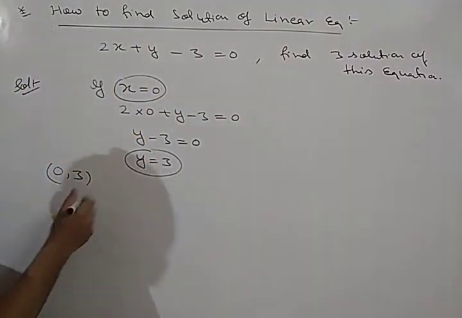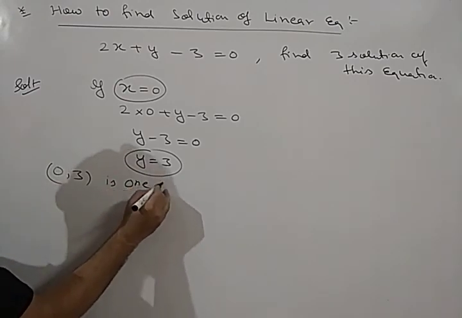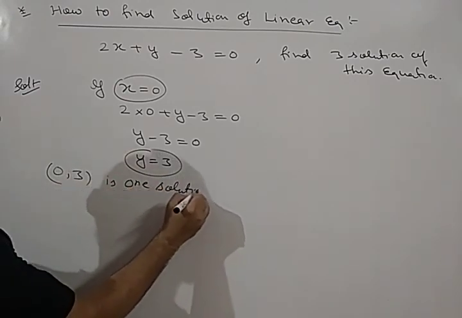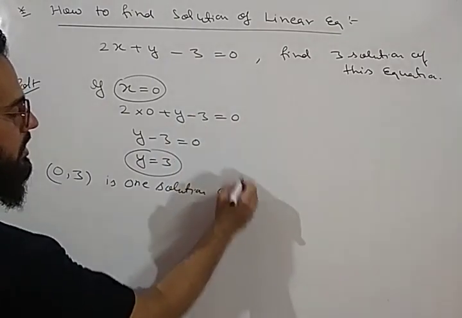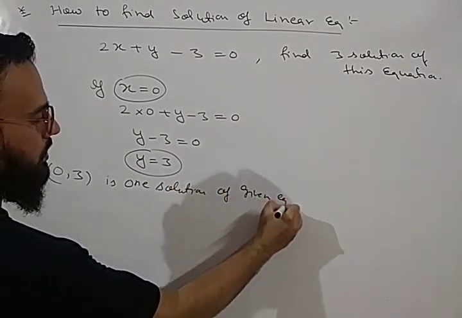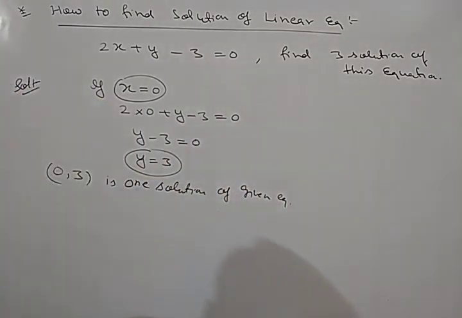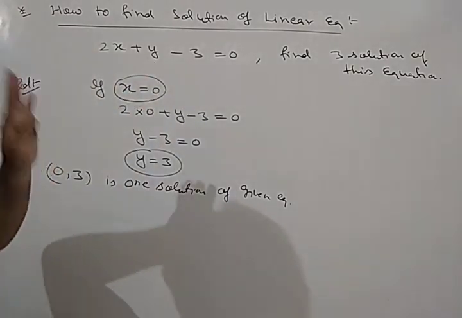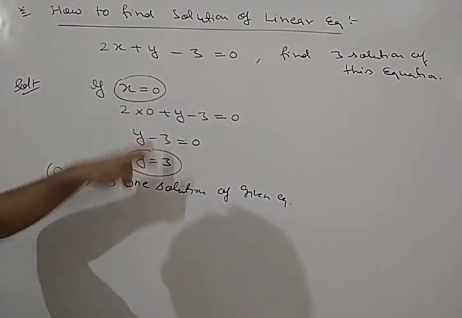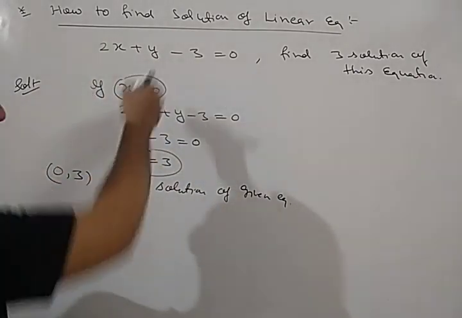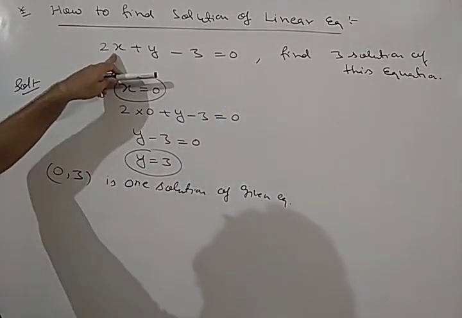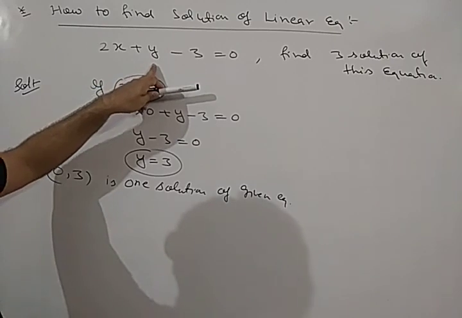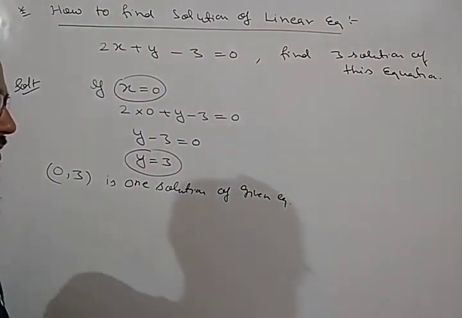So (0, 3) is one solution of this equation. So we get one set of ordered pair (0, 3). If x equal to 0, then y equal to 3, then these two values will be the solution of this equation. You can check it also. If you put here, it will be 0, this will be 3 minus 3, it will also be equal to 0. It means (0, 3) is one solution.